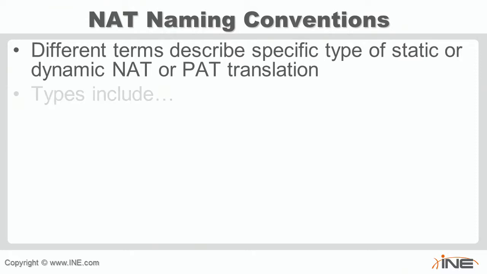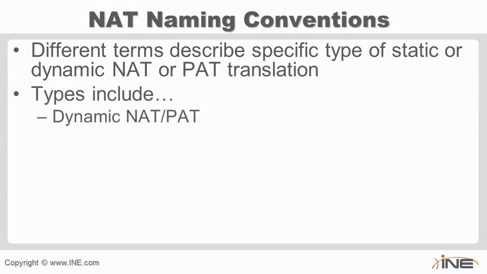Now, specifically, the types would include dynamic NAT and dynamic PAT, where this means that your addresses are allocated automatically on a one-to-one basis or allocated on a one-to-many basis, where maybe you have just one outside public address that you're translating to multiple inside hosts. That would be a PAT translation. A static NAT or PAT translation, where with static NAT we're doing an exact one-to-one mapping, or with PAT we're doing a port forwarding mapping.